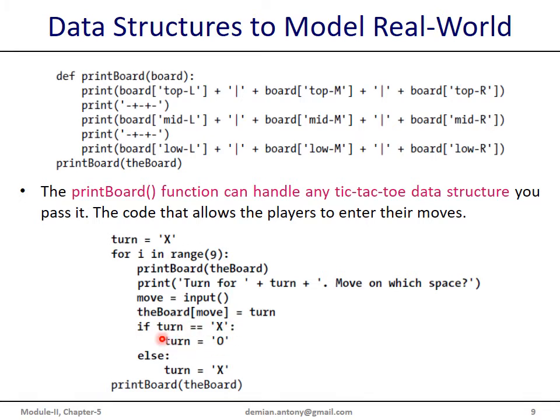And the next turn is for O, since the turn was X, and the same thing is repeated a number of times. And here we need to put the logic to determine whether X is winning the game or O is winning, or it ends in a draw, where neither player wins this game. This is a small segment of code, and a lot more things we need to add to have a complete application for this tic-tac-toe game.